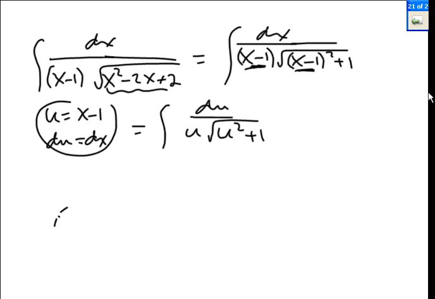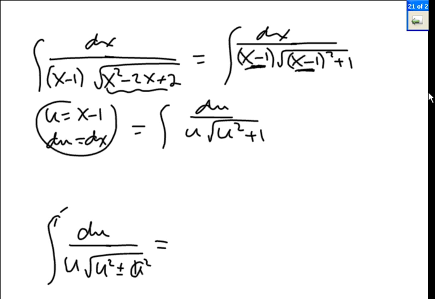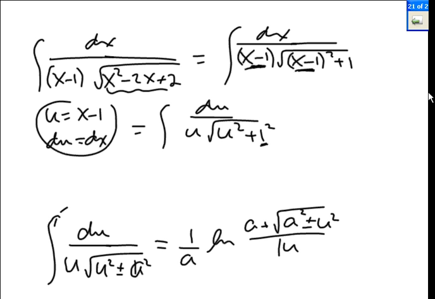You could remember that the integral of du over u times the square root of u squared plus or minus a squared is equal to 1 over a times the ln of a plus the square root of a squared plus or minus u squared over the absolute value of u, plus c. In our case, a is 1.